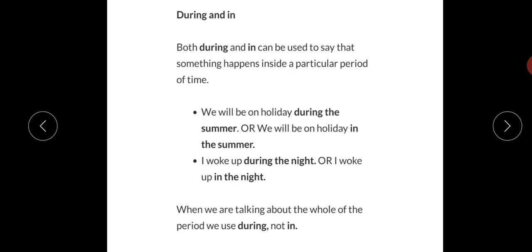You understand? See, "during" and "in", both these can be used to say that something happens inside a particular period of time. இது வந்து will be on holiday during the summer. Okay, will be on holiday in the summer.